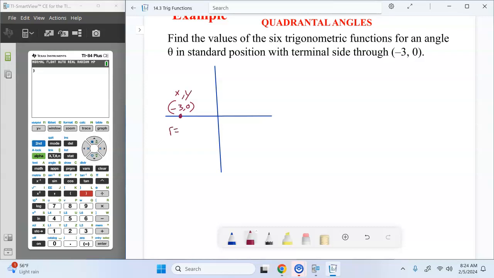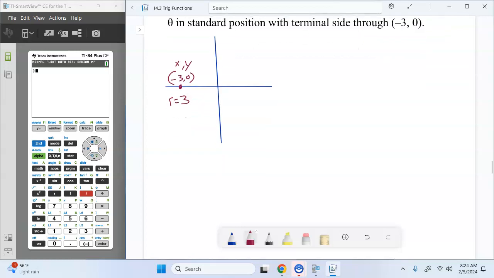What is r? 3. The distance from the origin to that point is 3. So we can write all of our ratios based off of this. So sine is y over the radius. Cosine is x over the radius.